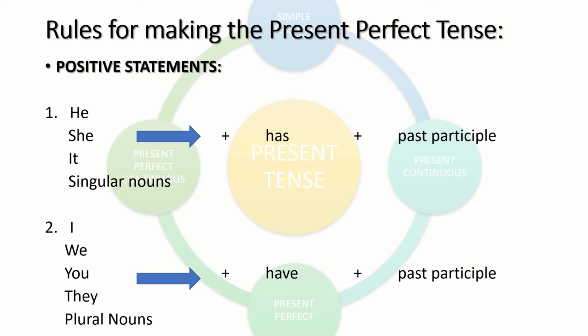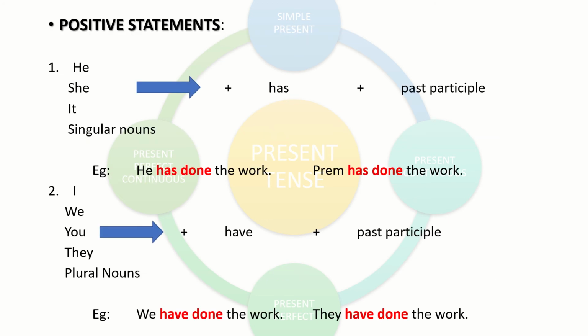Instead of that, we use have and a past participle. Okay? Please don't get confused. Though I and you are singular, still they will not use has, they will use have. Okay? Look at the following chart.